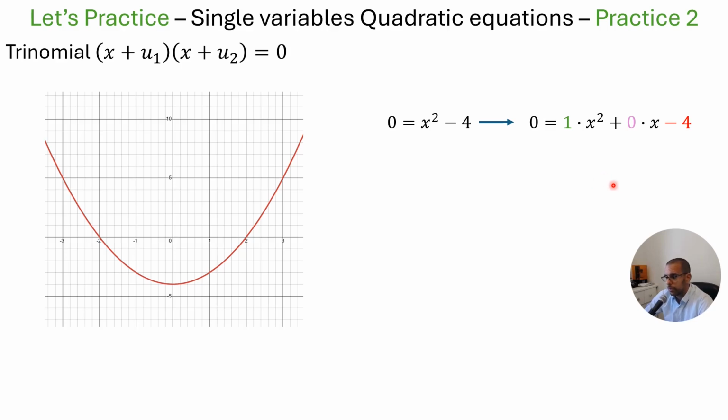Still, we can do the trinomial. We can ask what two numbers I can add to get 0 and multiply to get -4. And the answer is -2 and 2, right?